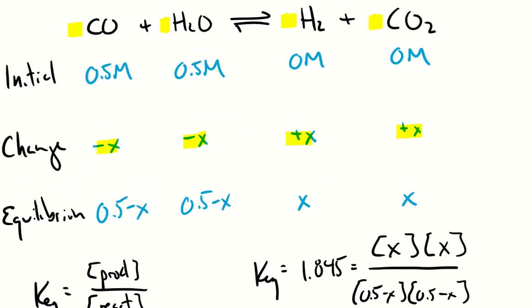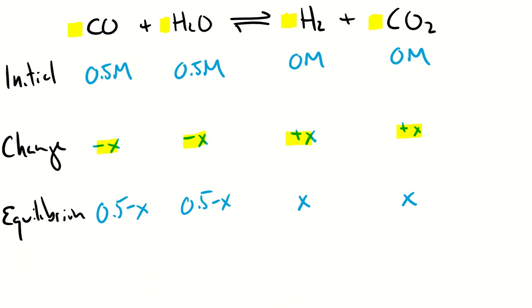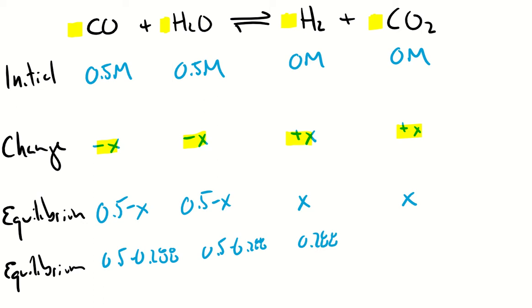I'm going to slide some of my algebra down a little bit to give myself more space, because now that I have a value for X of 0.288, I can solve for the equilibriums. Equilibrium is 0.5 minus 0.288, 0.5 minus 0.288, 0.288, and 0.288.